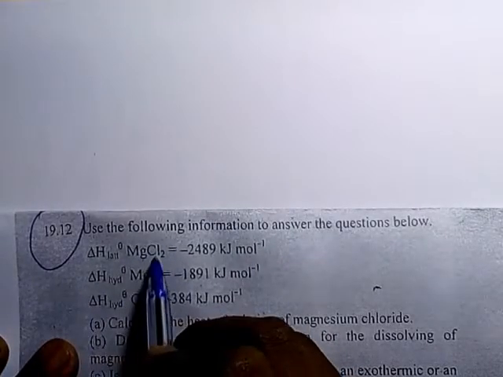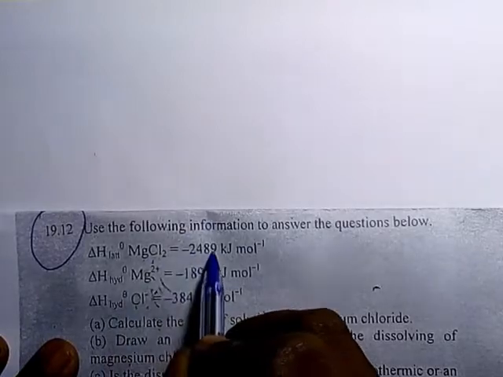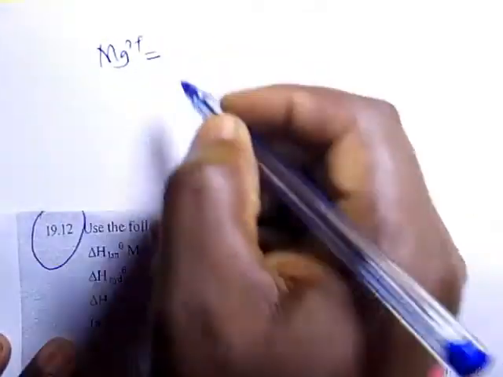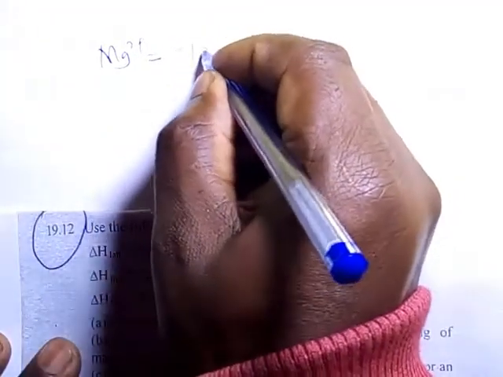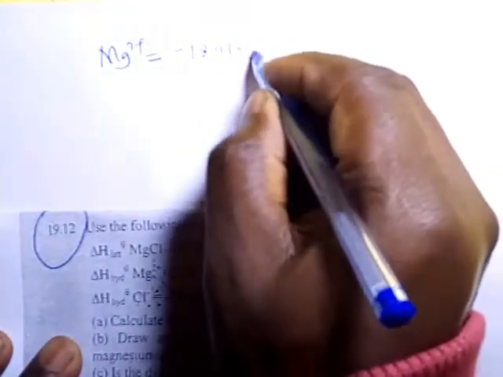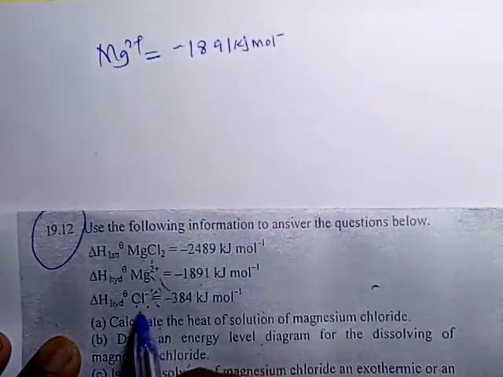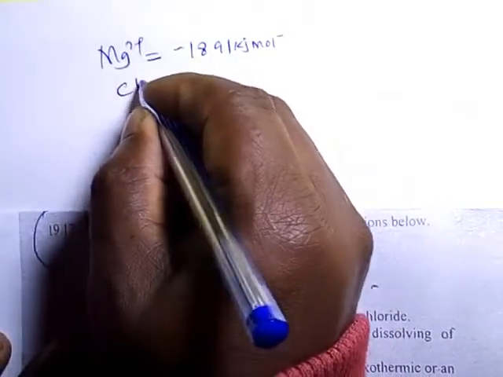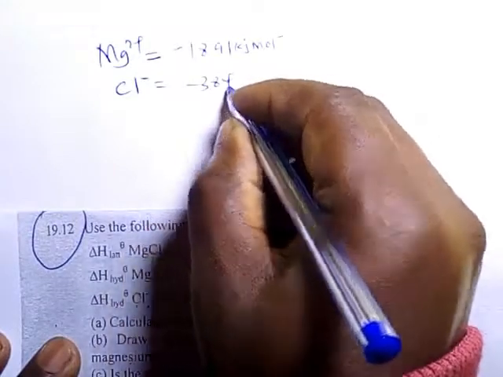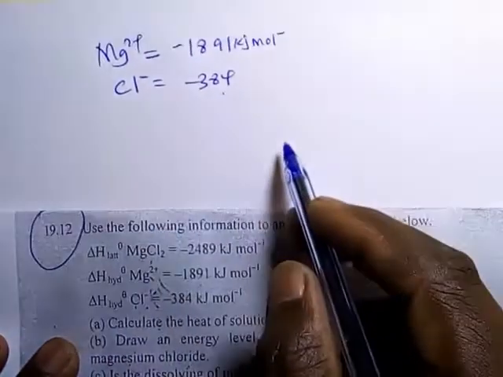So the lattice of magnesium chloride is -2489. First let us calculate the total hydration energy. Magnesium 2 positive alone has -1891 kilojoules per mole. One chloride ion is -384 kilojoules per mole.